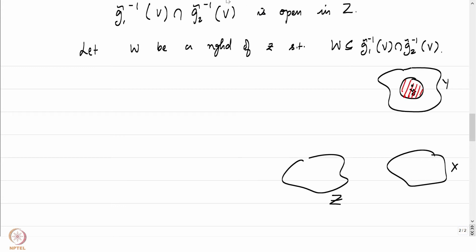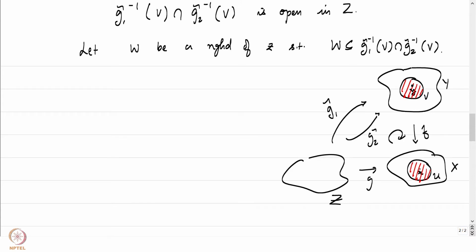That was getting mapped to the point X here, and the set V was getting mapped to U. Now there is the map G here, there is the map F here, there is this map G1 tilde, and there is this map G2 tilde, where all these diagrams commute.